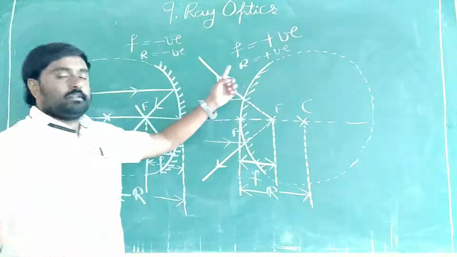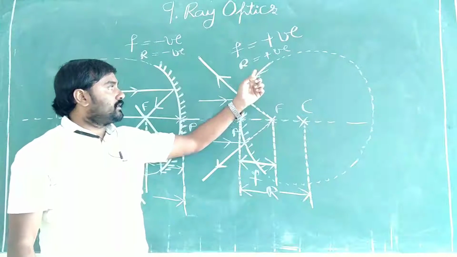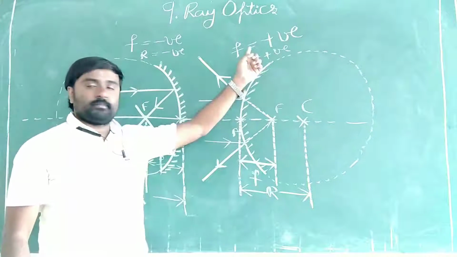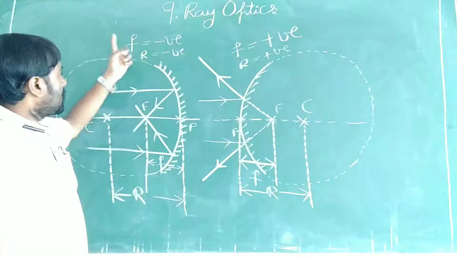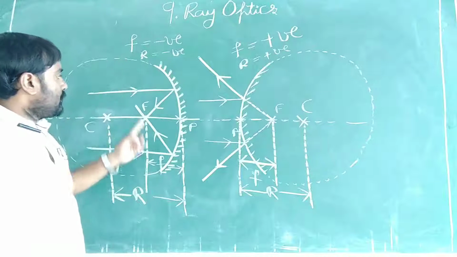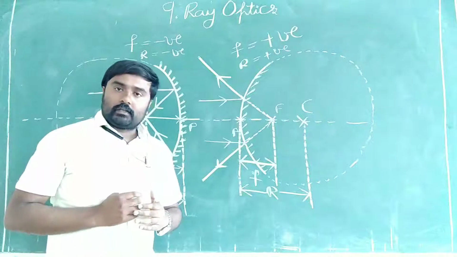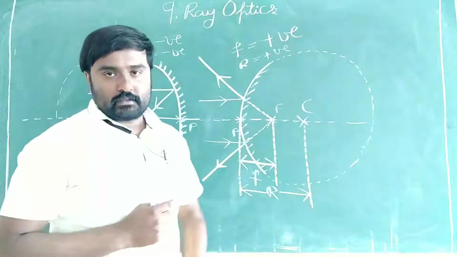Focal length and radius of curvature are positive for a convex mirror, and negative for a concave mirror, according to the new Cartesian sign convention.